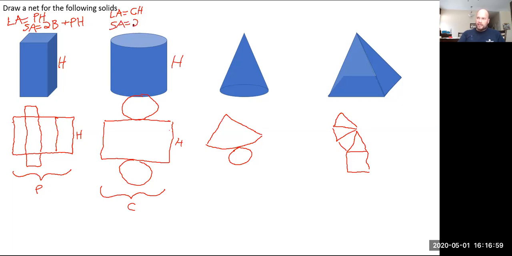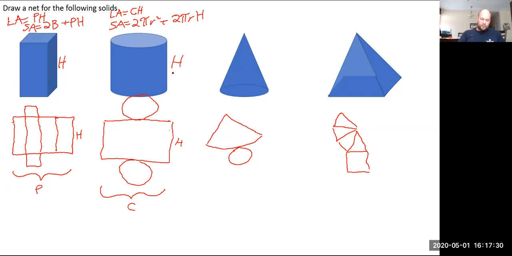So we're going to say 2 times the area of a circle, which is pi r squared, plus the lateral area, which can be defined as CH, which in my earlier notes I just wrote CH, or if you want to replace CH with the actual equation for circumference, you could do that too. Circumference formula is 2 pi r, and then we're multiplying by the height. So again, that would be our equation for surface area.